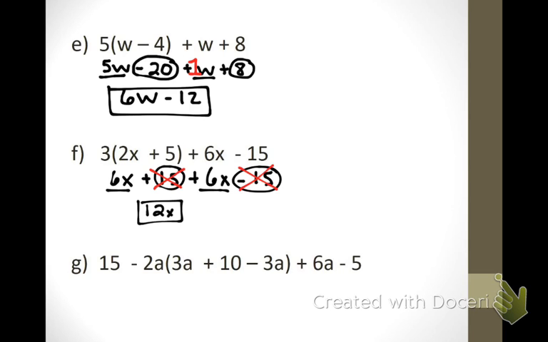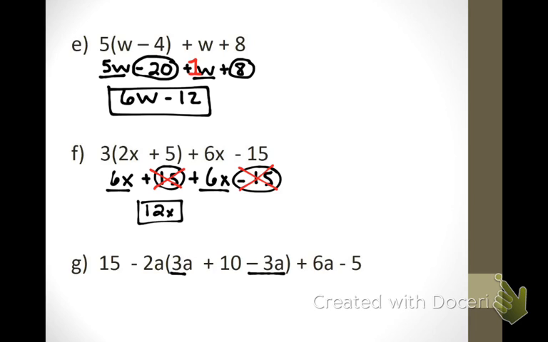Last one for today. 15 minus 2a times 3a plus 10 minus 3a plus 6a minus 5. Whew, that's a lot. Let's go ahead and look at the first section in parentheses. Addison, is there any work that I can do inside my parentheses? That's correct. My like terms are 3a and negative 3a.